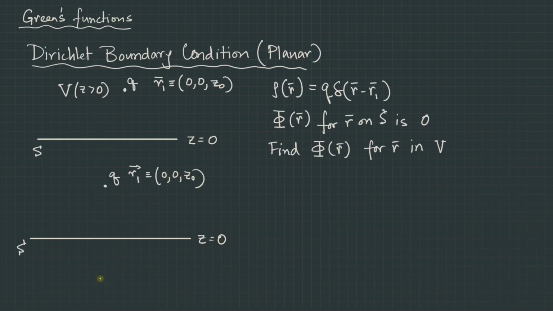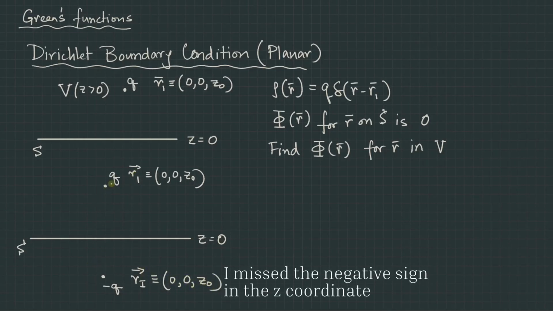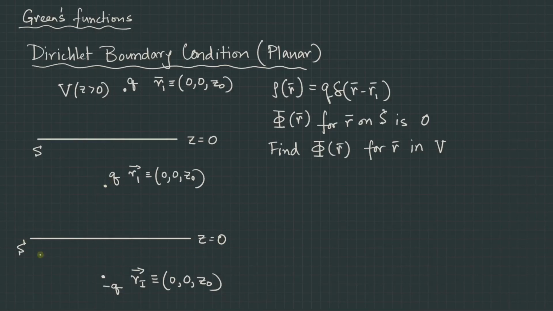Now I also place another charge which is opposite in magnitude, and I place it at a point which is called the image point of R1, which means it is the reflection of this charge with respect to the surface S, or we can call it the image of Q with respect to S. And this charge is also called an image charge.